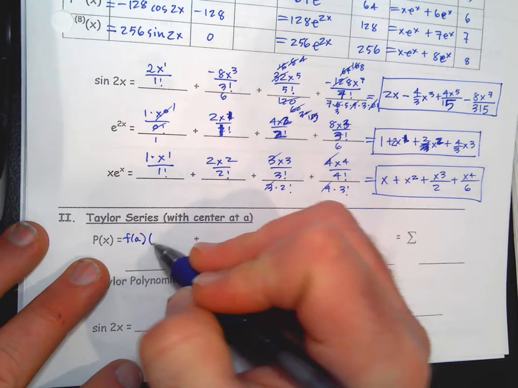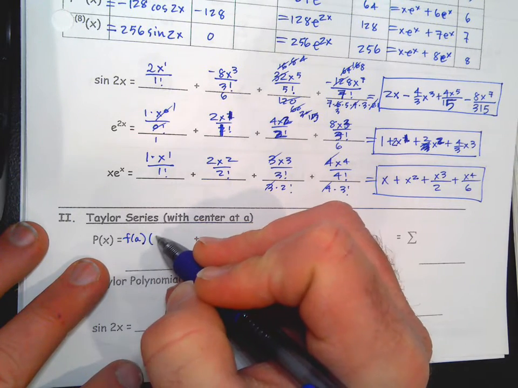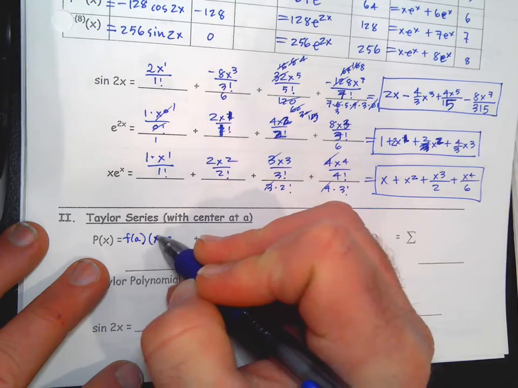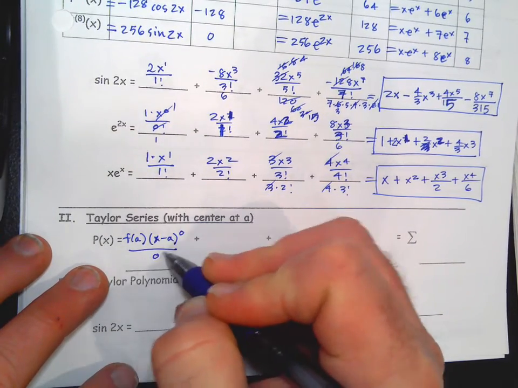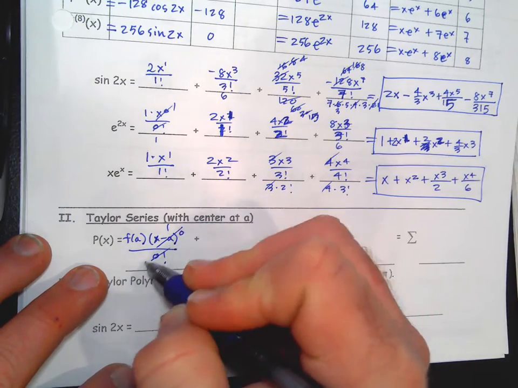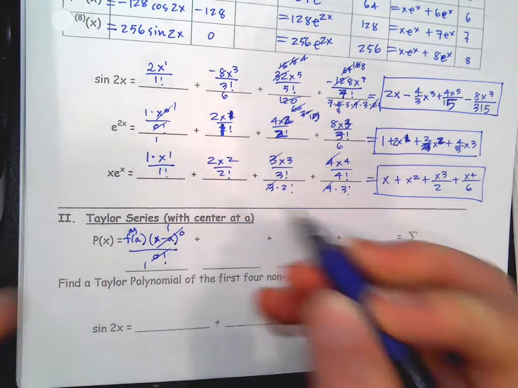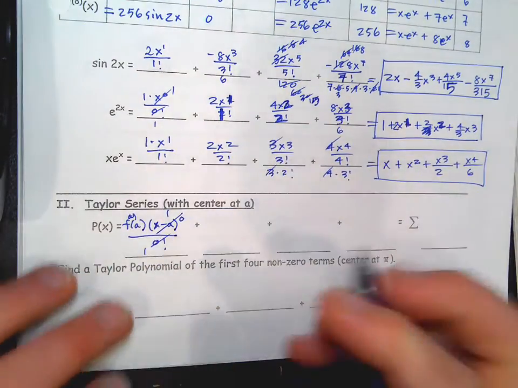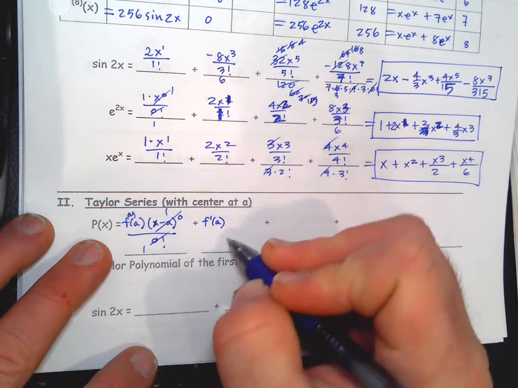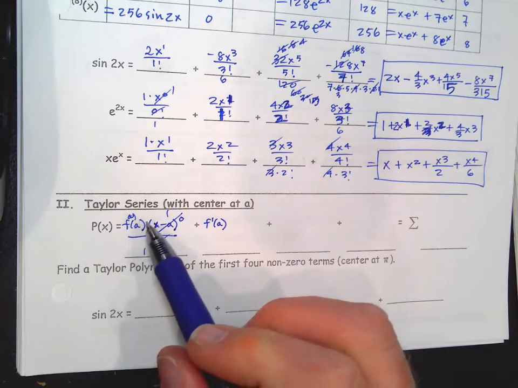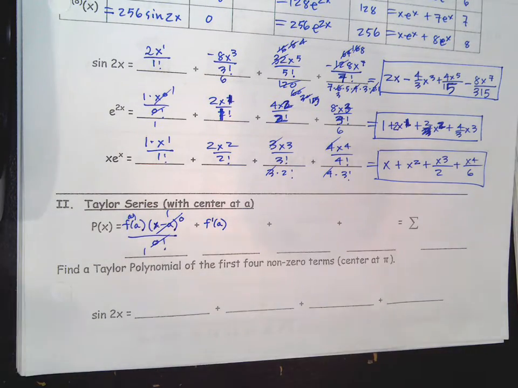So it's the derivative at a, x minus the center a to the 0th power over 0 factorial. Now that's just going to be 1, and this is the 0th derivative, which is the original function. People always forget to put that term because they think, oh yeah, it's always the derivative at the center, and so they start at the first derivative and neglect the 0th derivative.